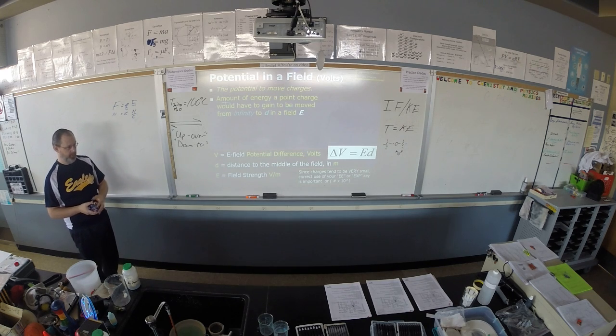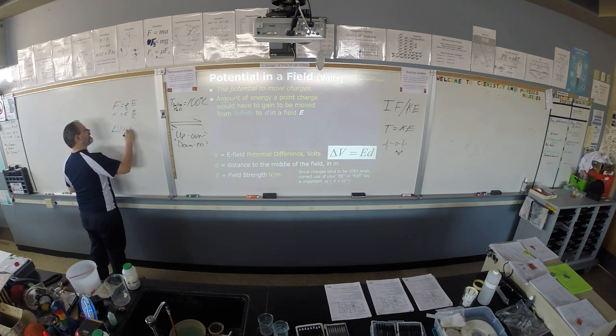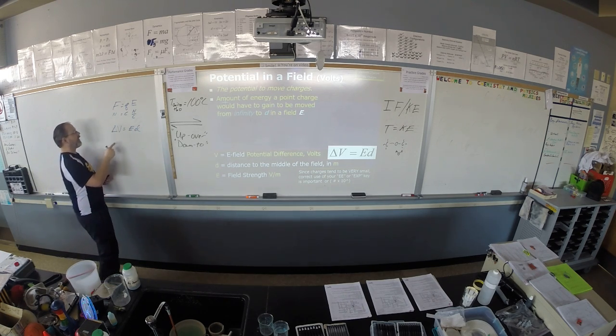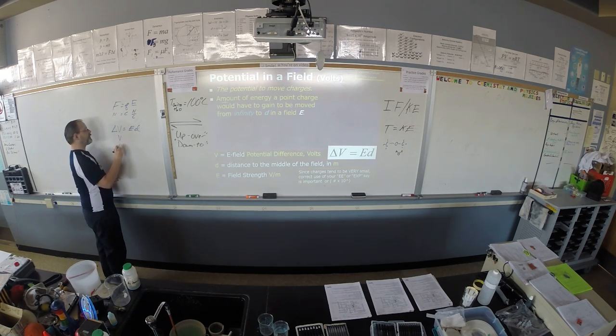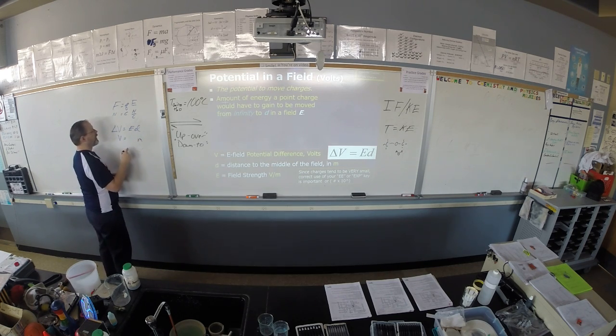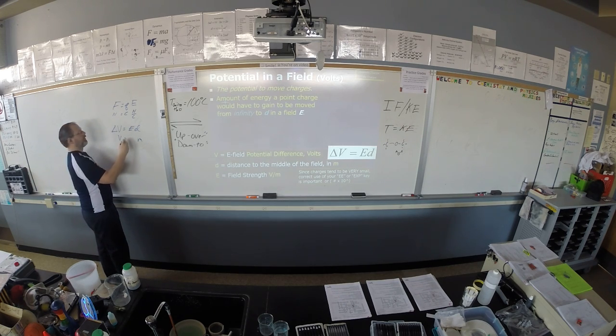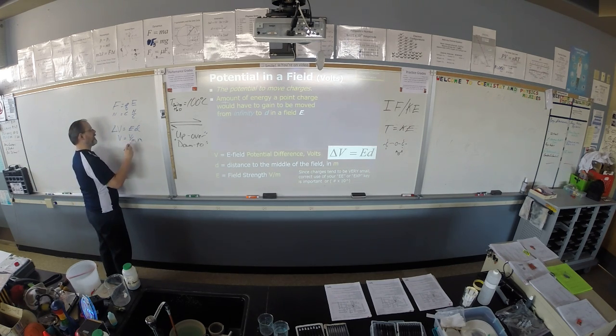Now look at this equation. This is delta V equals ED. The unit for potential is volts. The unit for distance is meters, which means the unit for electric field strength has to be what? Volt per meter.